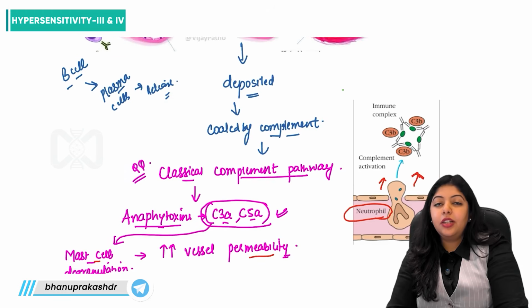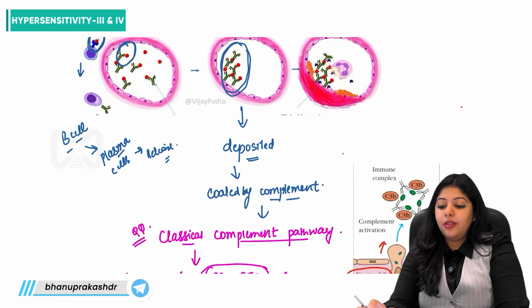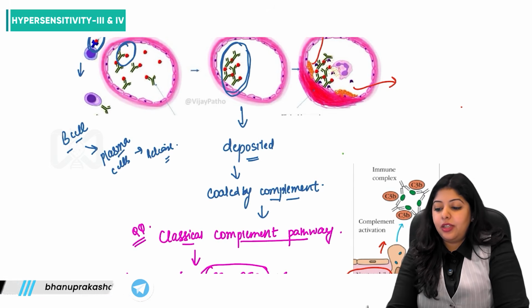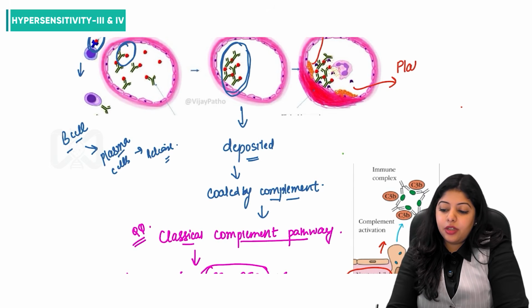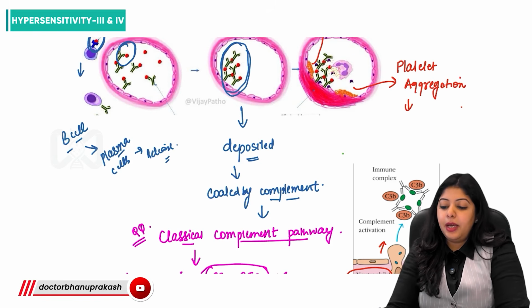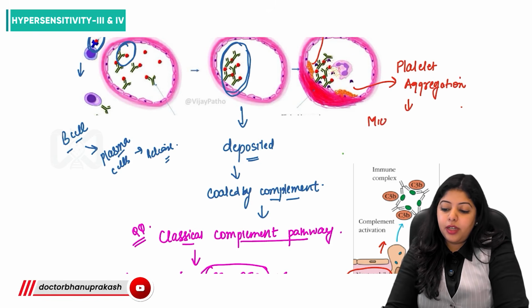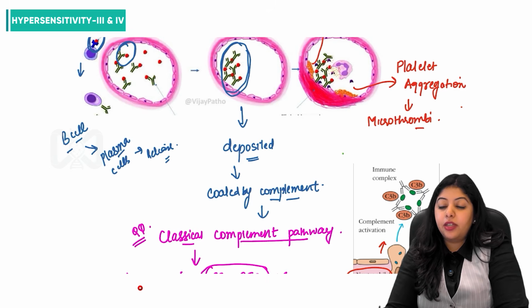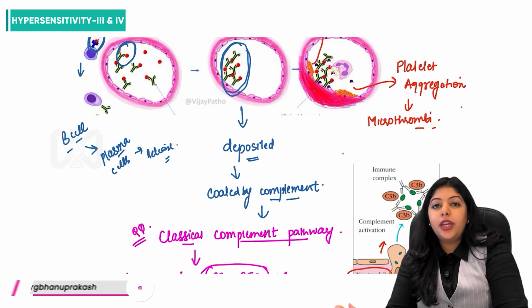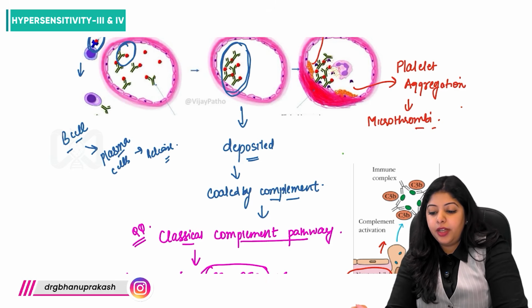The next thing that occurs is the formation of platelet aggregates. So platelet aggregation occurs, right? Because of platelet aggregation, microthrombi are also getting formed. Microthrombi are formed, more tissue destruction, more area is getting involved, right?